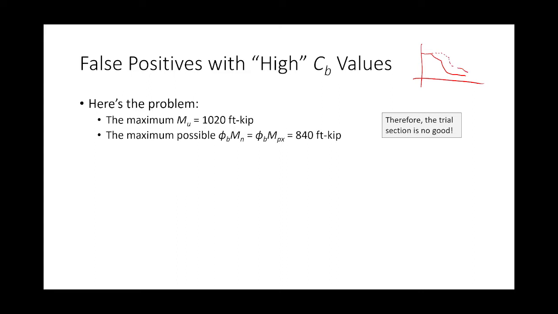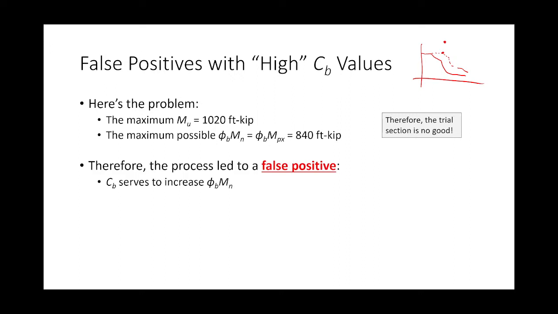What I'm saying is that when you have high CB values, you are predicting a capacity that's all the way up here. But in actuality, the capacity is limited to MP. So you're looking up a section that looks good, and it's not, okay? So it leads to a false positive. Again, the CB value serves to increase the flexural moment capacity, but it can't increase it past phi MP.